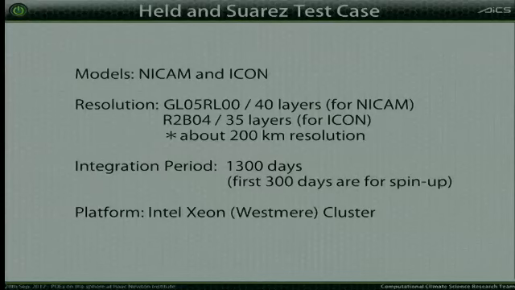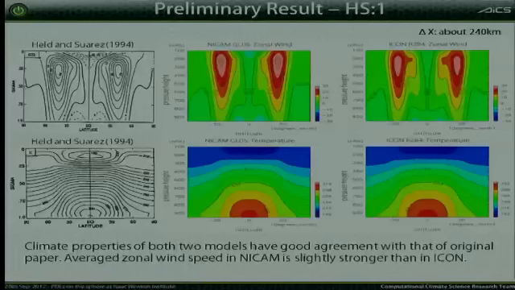The computational platform used is an Intel Westmere cluster. This is a zonal mean. The left side is the original paper, the center is NICAM, and the right side is ICON. The climate properties of these two models are in good agreement with those of the original paper.